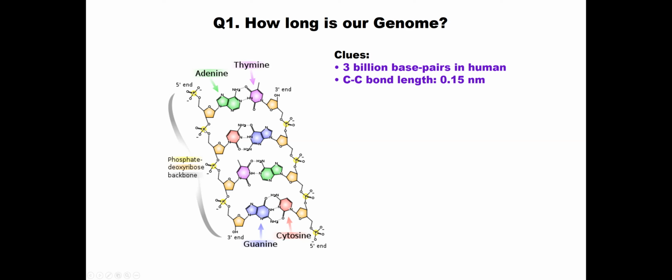From one P to the other P, it's 6 bonds. That may be the shortest path, isn't it? If you go this way, that's longer. So this should be the shortest path. If these 6 bonds form a zigzag structure, then we can assume the bond length is approximately 0.1 nanometer.